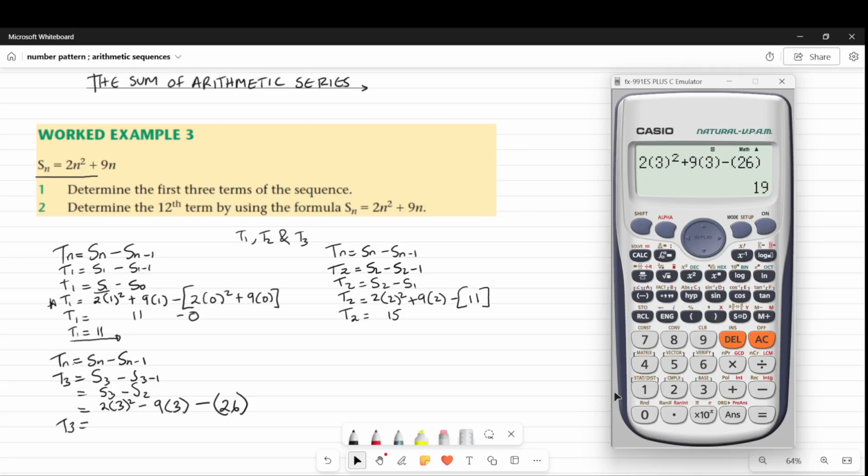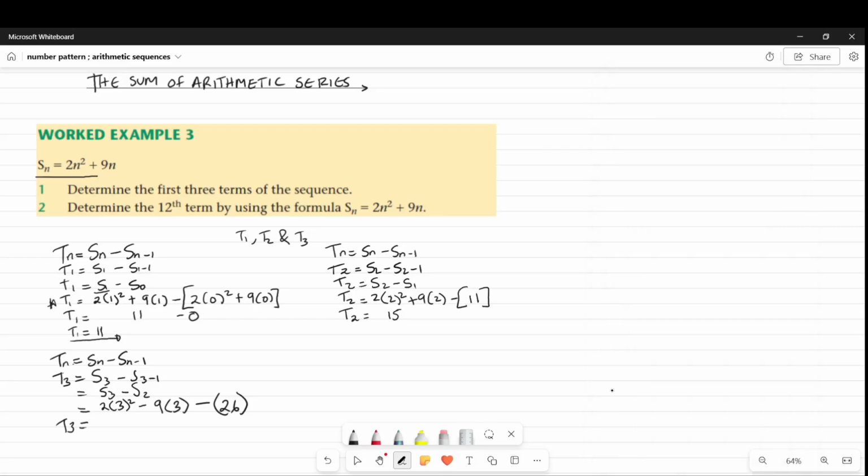And now our final answer comes down to 19. So as you can see, our T1 is 11, T2 is 15, and T3 is 19.